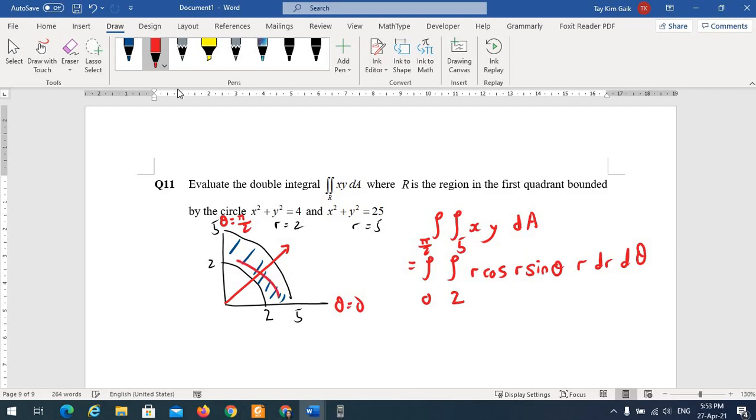Then you rotate 90 degrees. Then you simplify first. In total, r cubed cos theta sin theta dr d theta, r from 2 to 5, theta from 0 up to pi over 2.